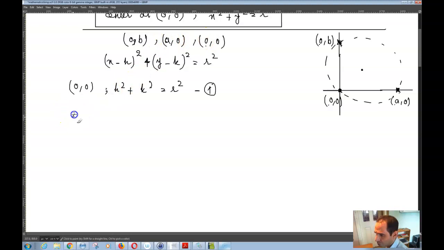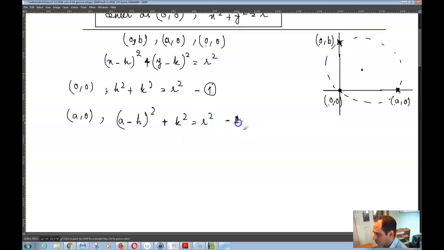If your circle passes through a, 0, then your x is equal to a. So that's a minus h whole squared, and now your y is equal to 0, so there you have plus k squared is equal to r squared.